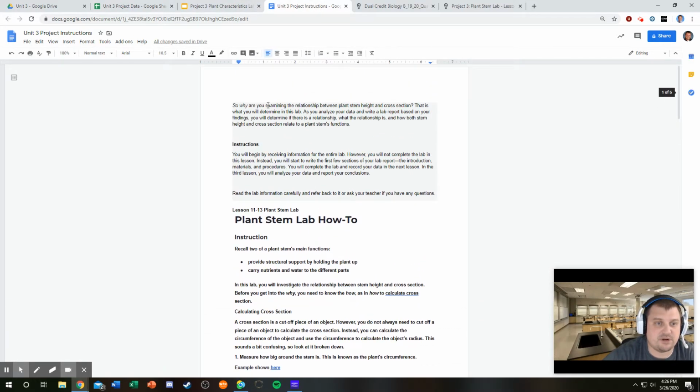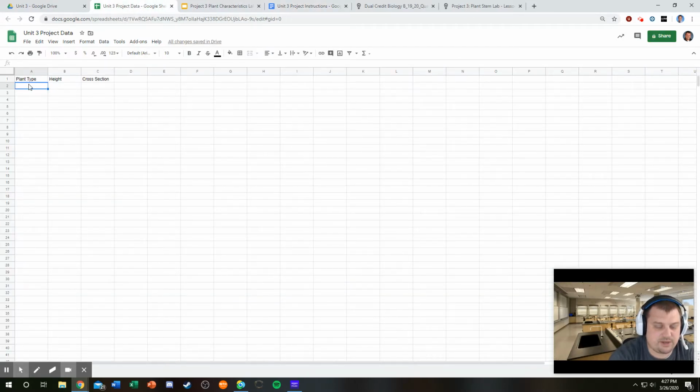If you remember from right here, why are you examining the relationship between plant height and cross section? That is what you will do to determine this lab. And so we would have maybe plant A, B, C, and D. You'll have 4 plants. You would put that description of what they are.